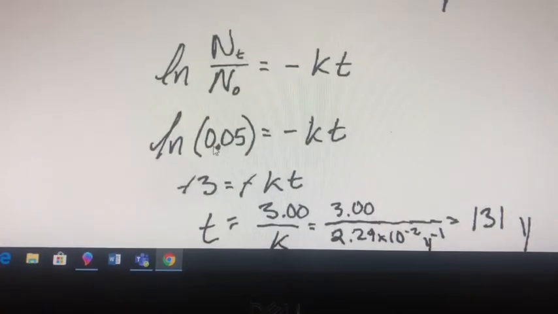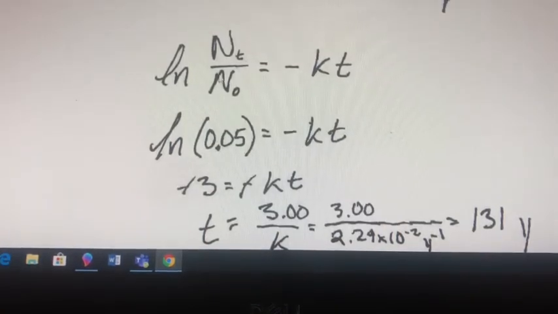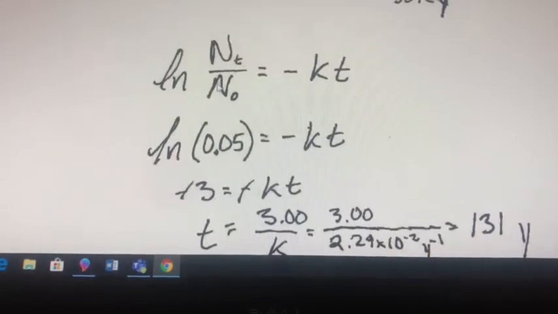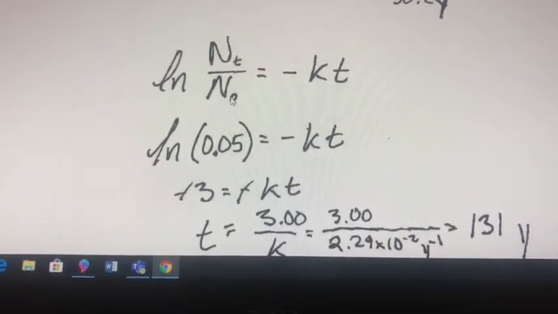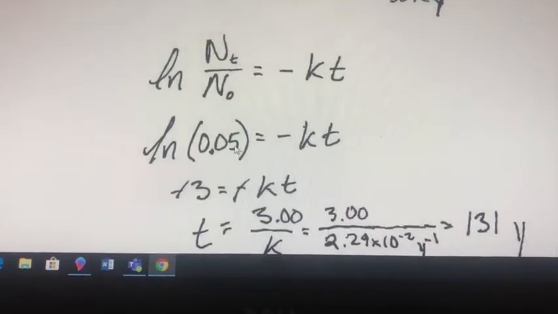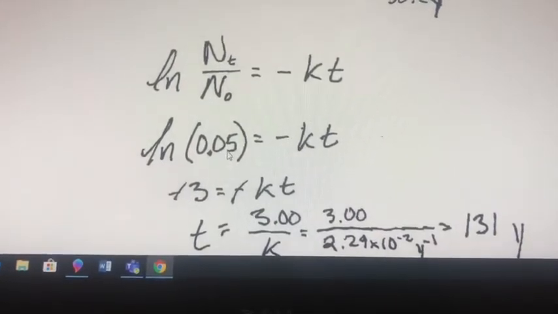So we're going from N at a particular time, which is assumed to be 5%, or at least that's the target we're looking at. And then this is going to be 100. So that's where you see the 0.05 coming from.